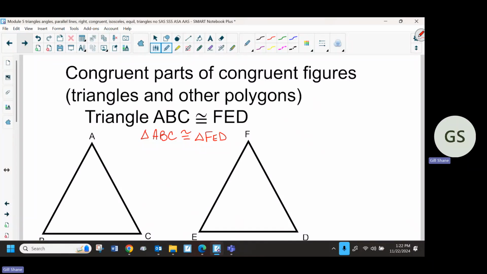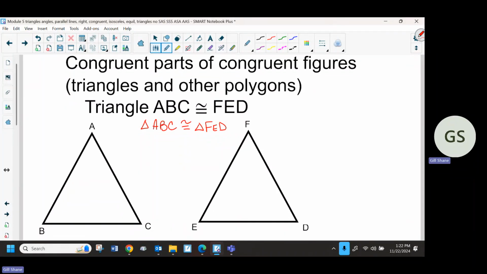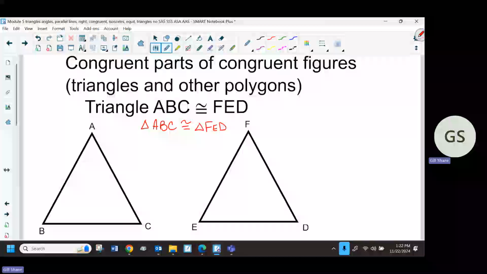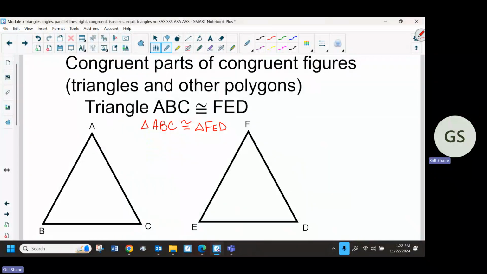If I'm telling you that is true, then that means there's an angle that corresponds and is congruent to angle A. There's an angle that's corresponding and congruent to angle B, and an angle that's congruent to C. Same thing with the sides. There's a side over here that's got a matching congruent side over there. The parts all have congruent sides. So this is the simplest version of it, but we'll get into other math.